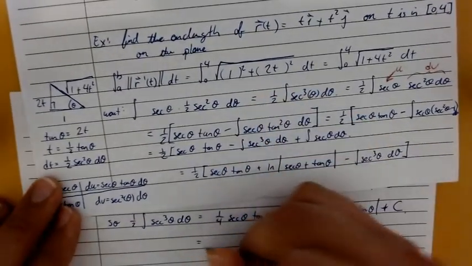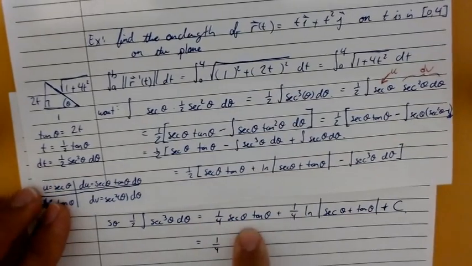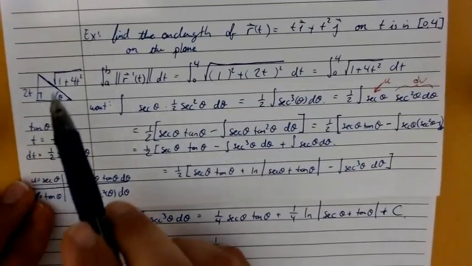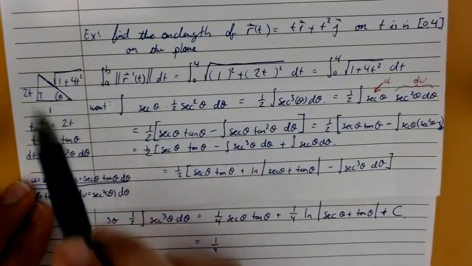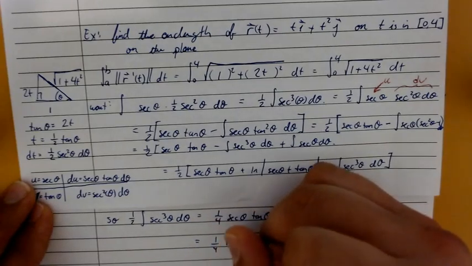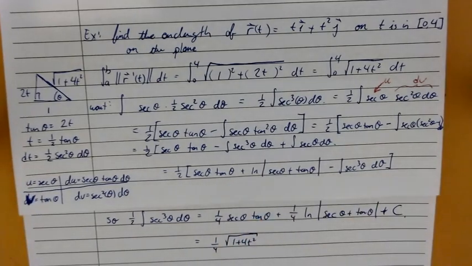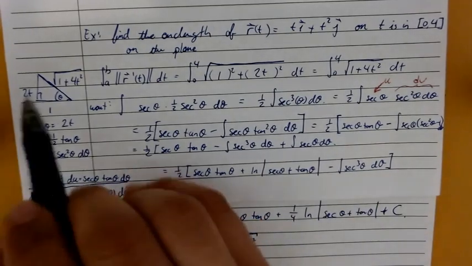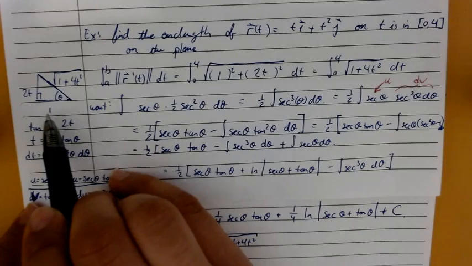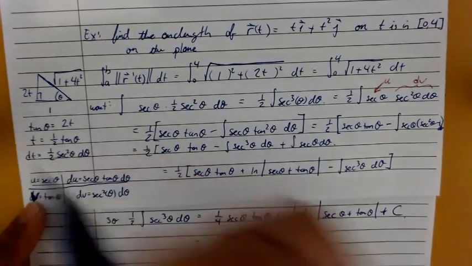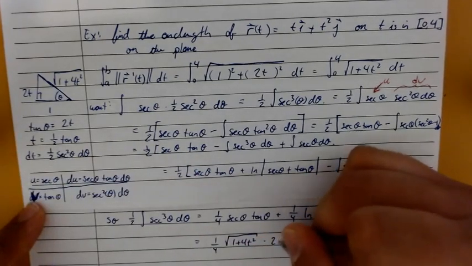After all, here, that's going to be 1/4. We want the secant of theta. Oh, secant of theta is what? The hypotenuse over the adjacent? So that's just going to be the square root of 1 plus 4t squared times the tangent of theta, which is what? The opposite over the adjacent. So that's just going to be 2t over 1, or just 2t.